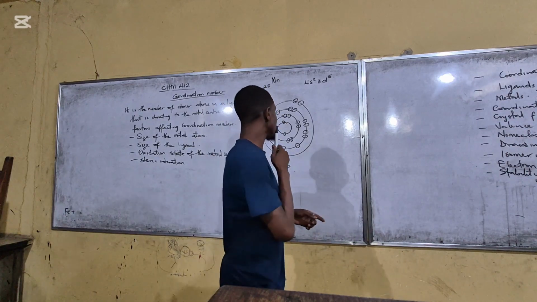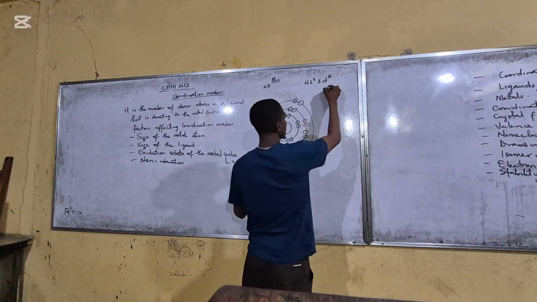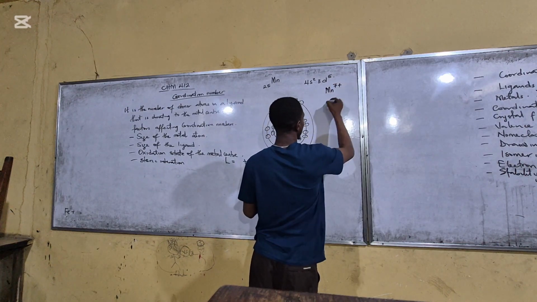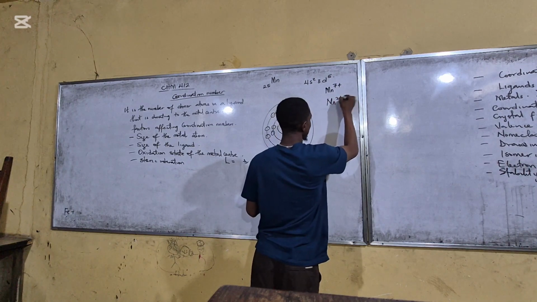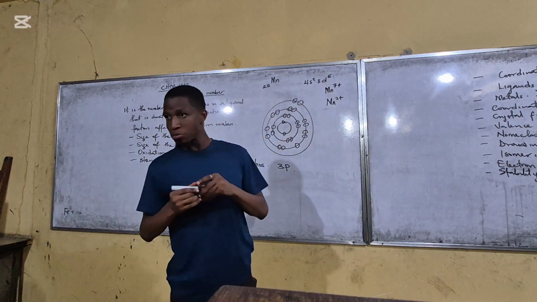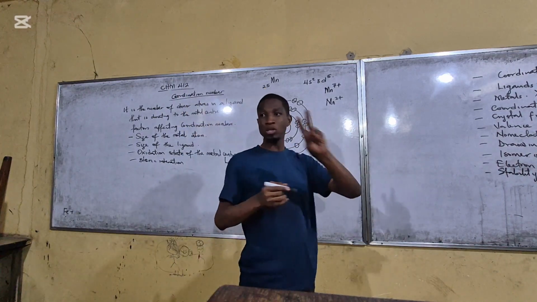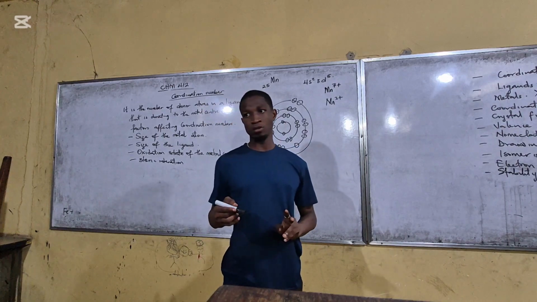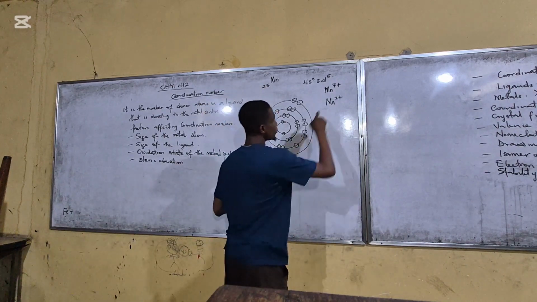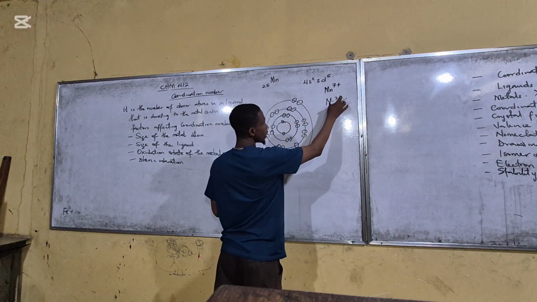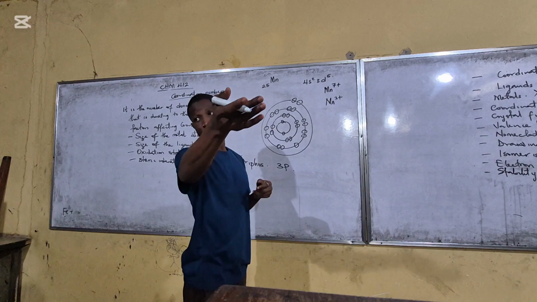Now let's look at something. If we have Mn7+ or Mn2+, let's look at both. 7+ means it loses 7 electrons, while 2+ means it only loses 2 electrons. Looking at 2+ first, it loses 2 electrons, and it will always lose from the outer shell before the inner one.